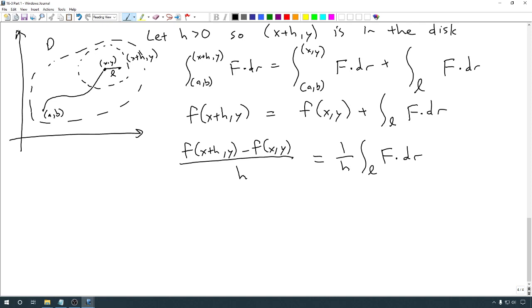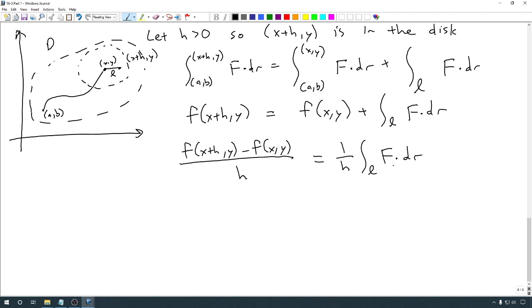And you might be able to see where I'm going with this. This form that we have right over here looks very much like what we do for derivatives. But to take the derivative, we are going to have to take the limit as h goes to 0. But before we even try to do anything with that, let us simplify this integral.